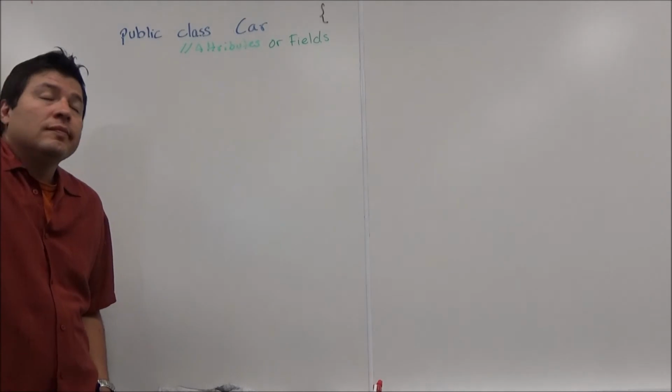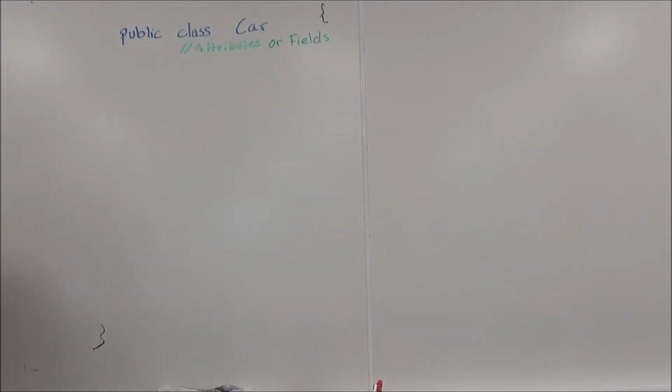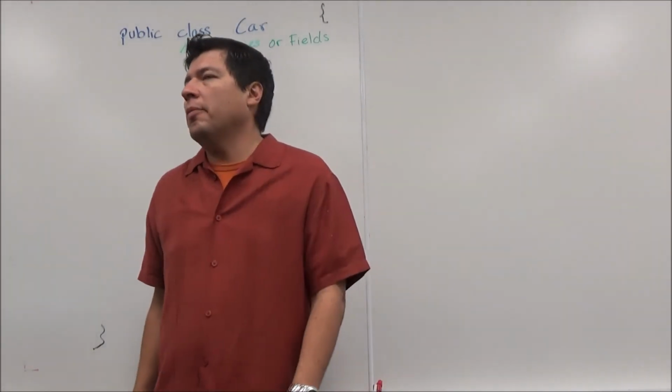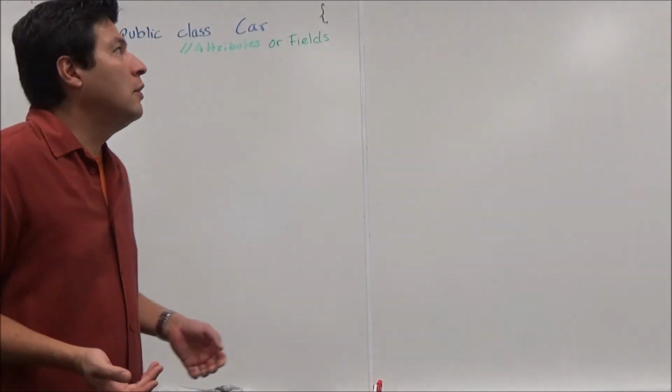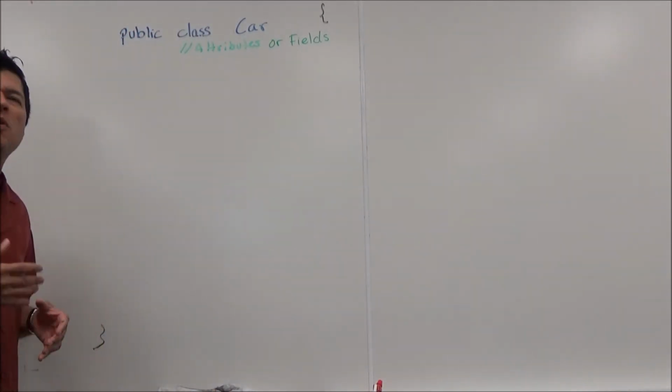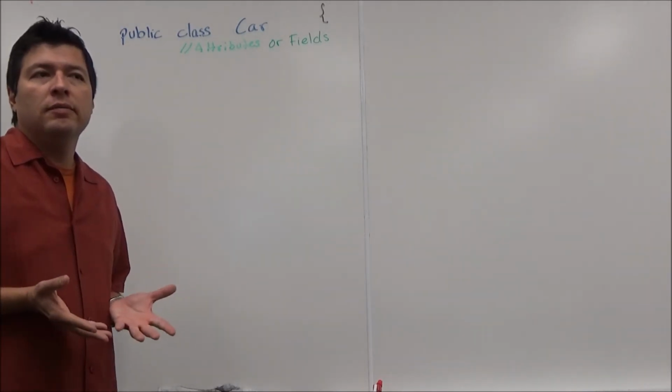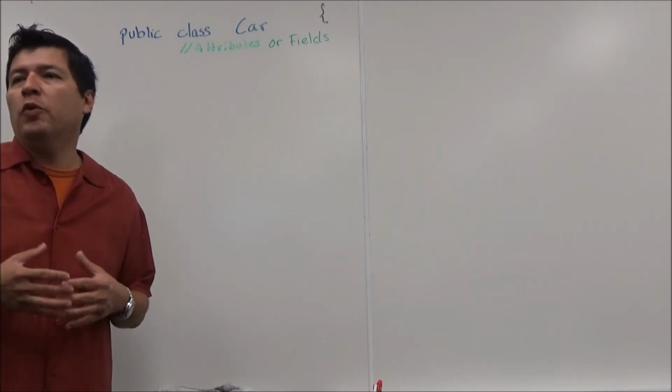So when you go get your parking permit, what do they ask you? They ask you make, model, year, color, and license plate, right? So the year, what type of variable do you think it will be? What kind of variable would you use to hold a year?